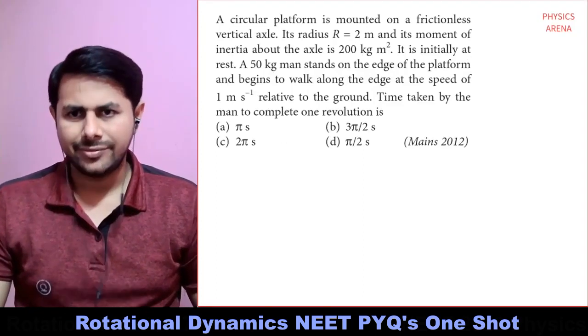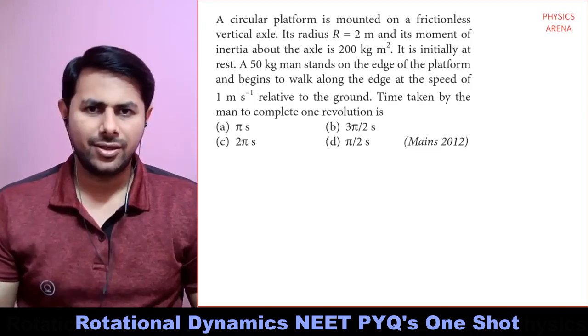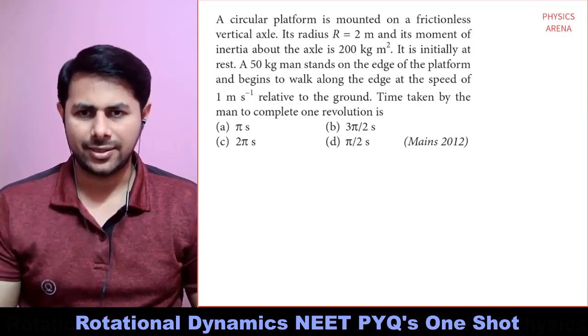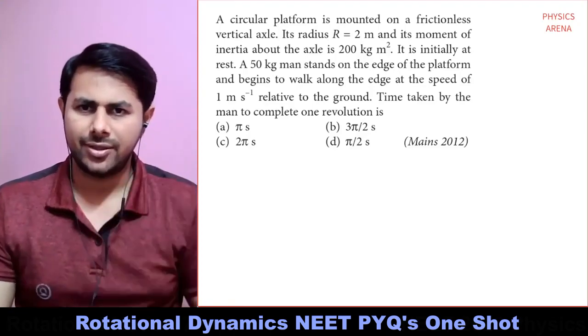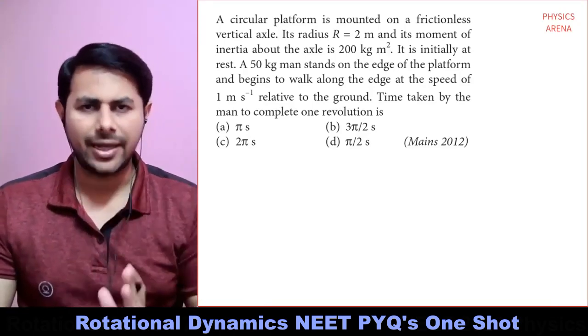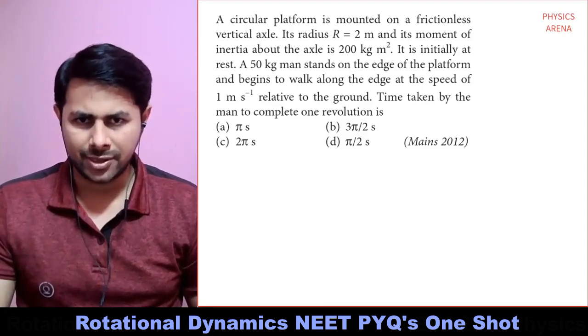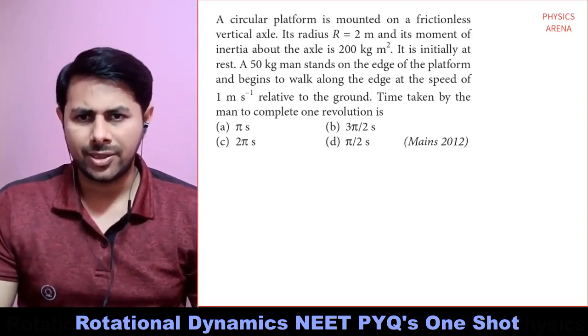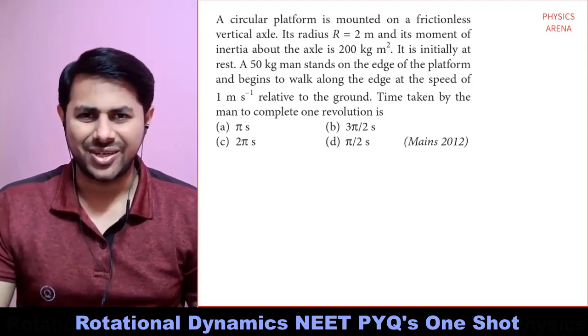Okay, next one. A circular platform is mounted on a frictionless vertical axle. Its radius r is equal to 2 meters and moment of inertia about 200 kg meter square.